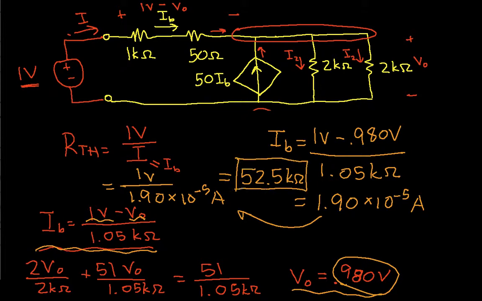Okay, so basically by applying this test voltage and finding the resulting current that goes in, we've discovered that the Thevenin equivalent resistance of the circuit is 52.5 k ohms.